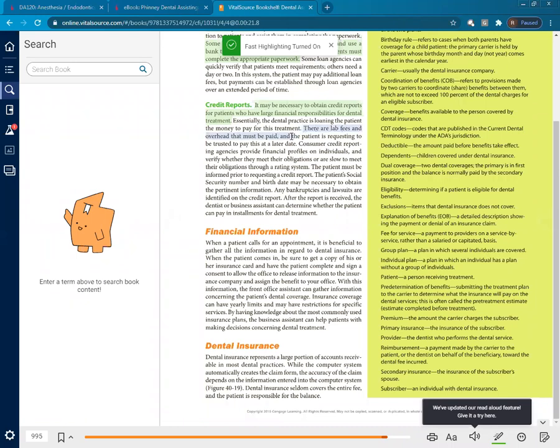So we have to make sure that this patient is going to be trusted to pay later on. So this is just another check: is this person risky, are they trustworthy? But again, this is not that common.